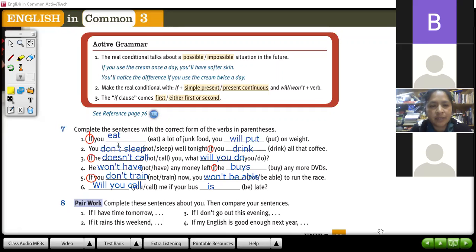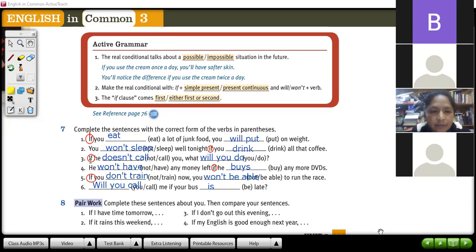Here, you say won't sleep. It must be won't because it is the result, it must be in the future as well. The result: won't, future; if, present.